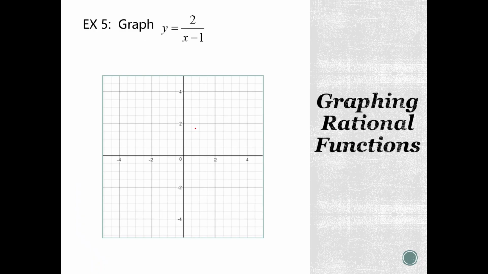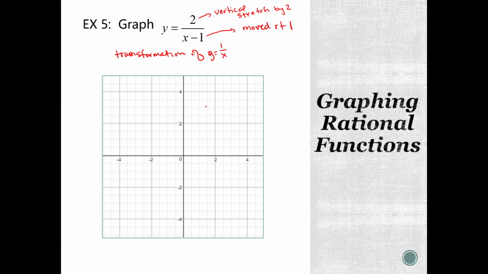Okay, so let's take this first example. First thing we notice is that this is a transformation of just 1 over x. That means this minus 1 means I have been moved to the right 1, and I have a vertical stretch by 2.